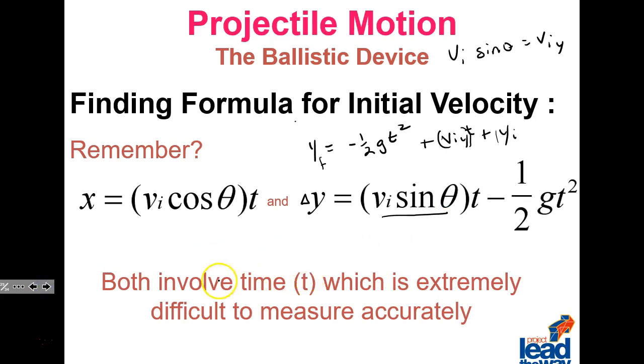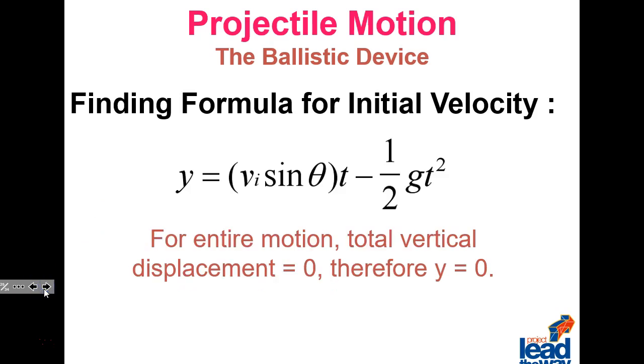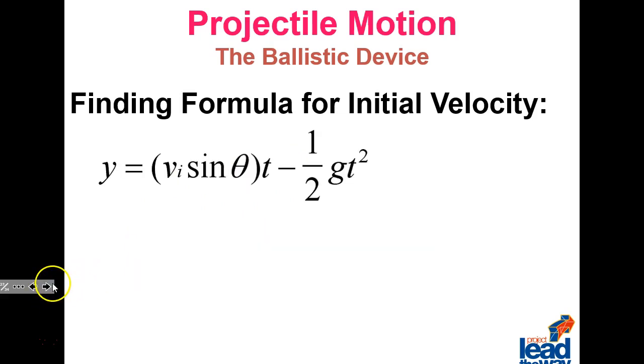Both of these involve time. Okay, so this gives you the x range, this gives you the y displacement. So this technically is also a delta x, but x is fine. X max. So we can derive a new equation to get rid of time, essentially. We can eliminate that variable.